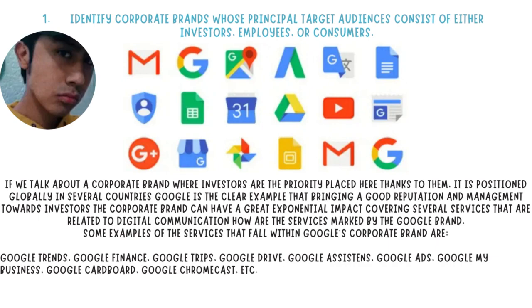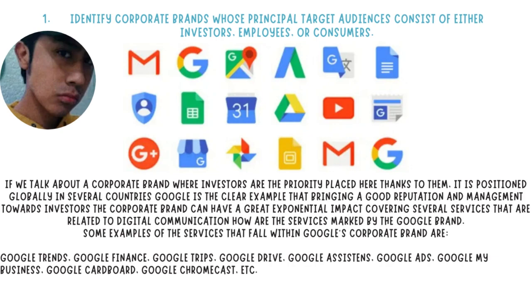If we talk about a corporate brand where investors are the priority, there is Google. It is positioned globally in several countries. Google is a clear example of bringing a good reputation and management toward investors. The corporate brand can have a great exponential impact covering several services that are related to digital communication.